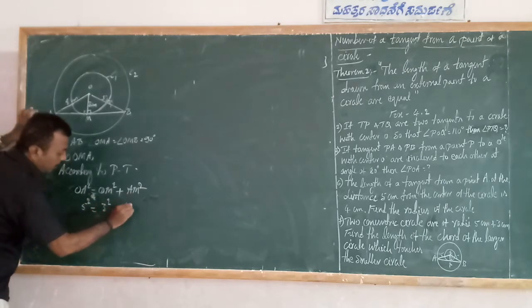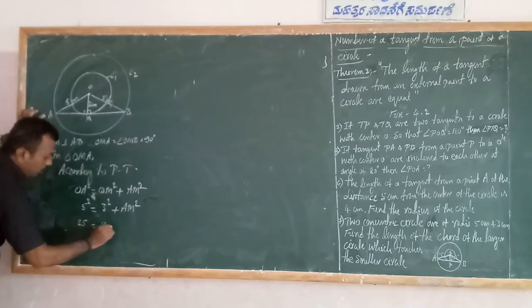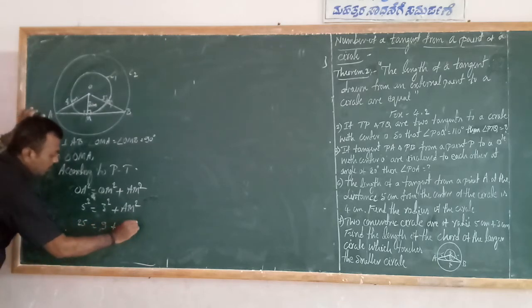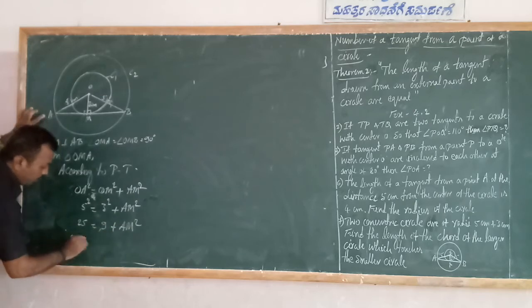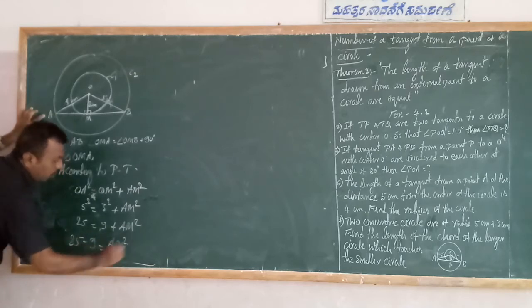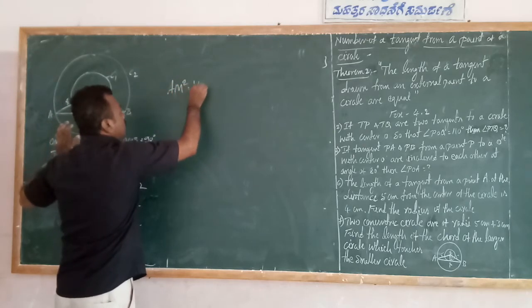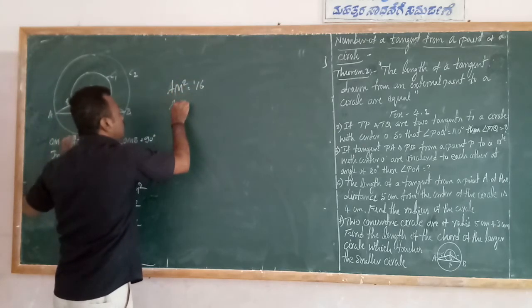So this is 25, equal to 9 plus AM square. Then 9 goes to the other side and becomes minus 9, so AM square is 25 minus 9. Therefore AM square is equal to 16.